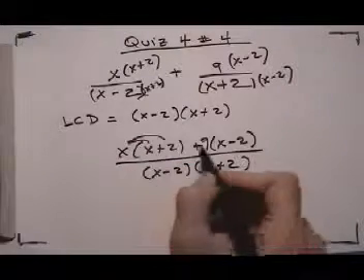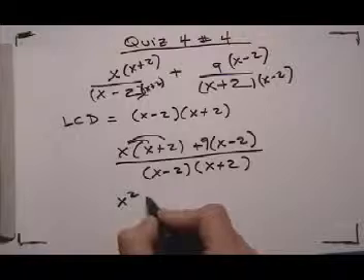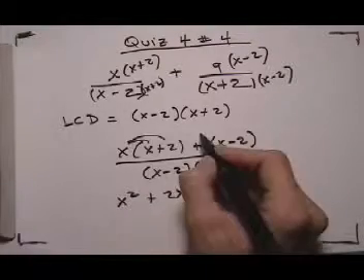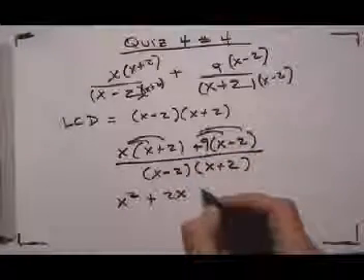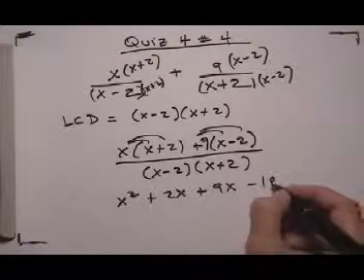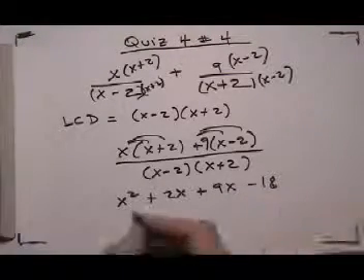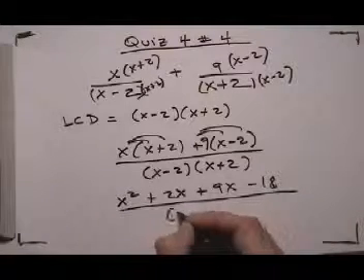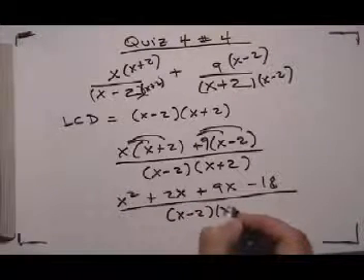So let's go ahead and distribute first. x squared plus 2x, then distribute the second parentheses, plus 9x minus 18, all over x minus 2, x plus 2.